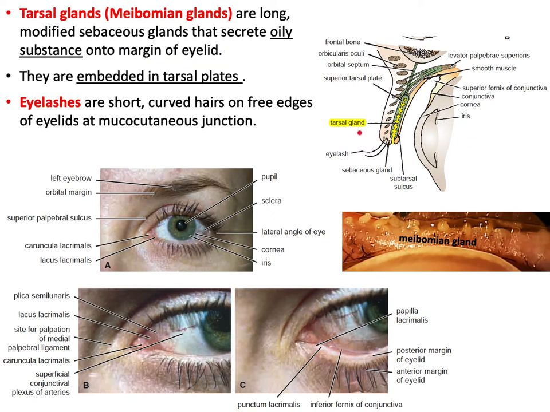Okay, so we mentioned that in the tarsal plate we have the tarsal gland. We call it meibomian glands. We usually use this word, right? It is long, as you see here. I will use another pen here. So it's a long sebaceous gland that, of course, secretes an oily substance. We need to lubricate this part of the eye. The cornea should be continuously lubricated in order to avoid damage to this very important transparent structure, right?